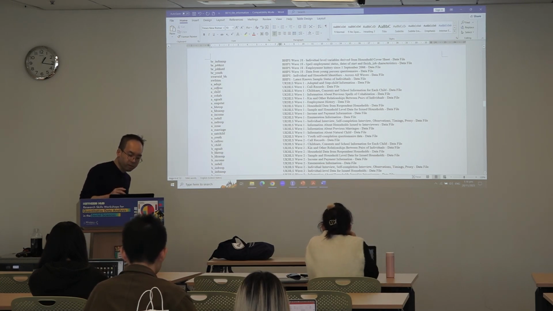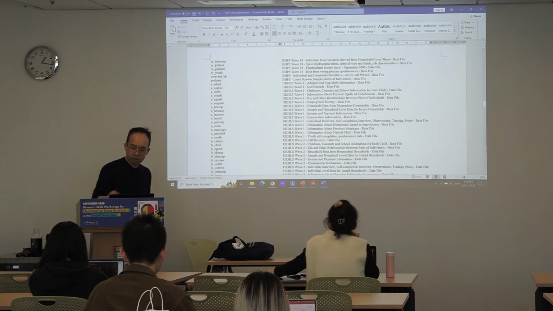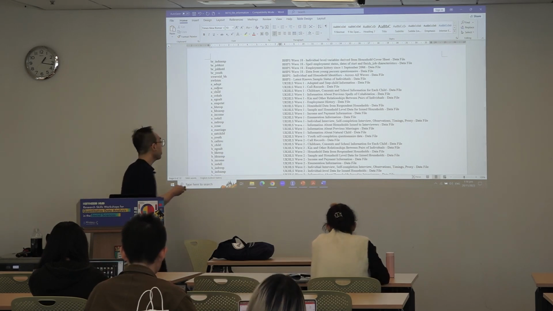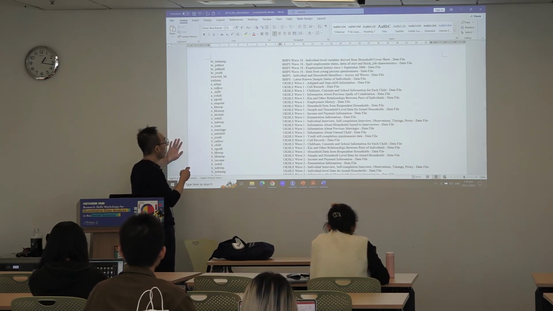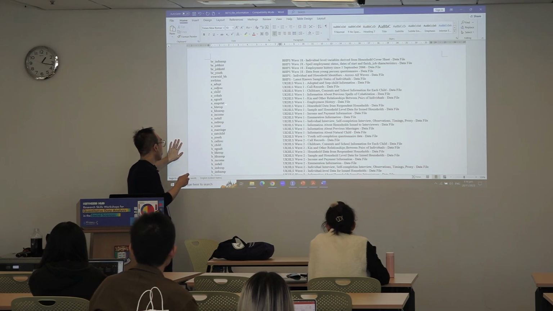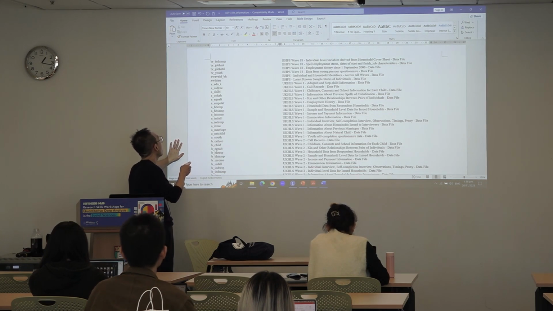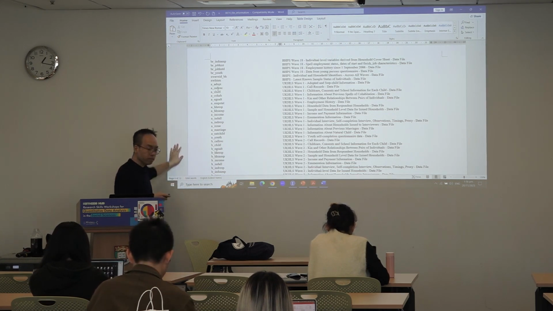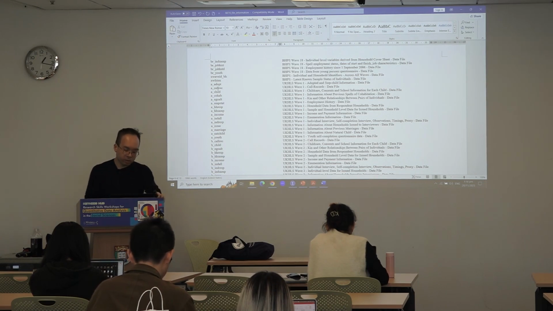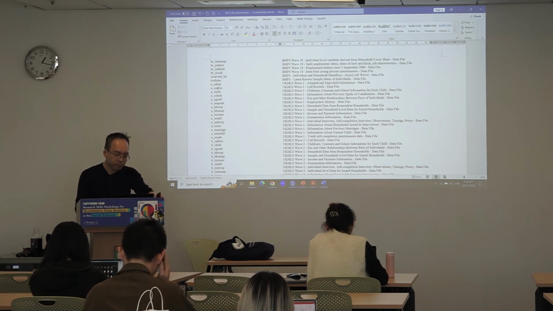Whatever starts from A starts from wave 1, for different variables. We were looking at some of them just now: cohabitate, child, income, adopt, for demonstration purposes.